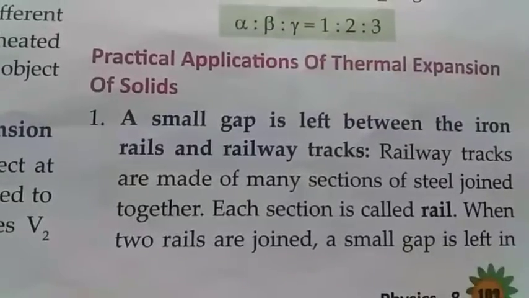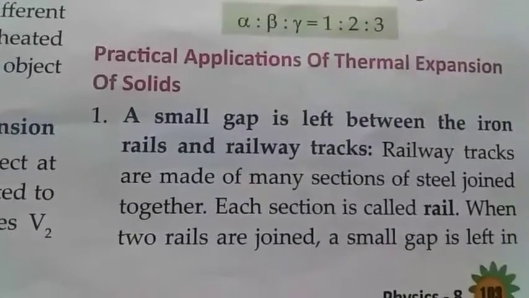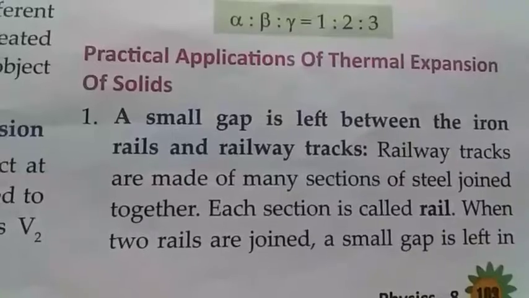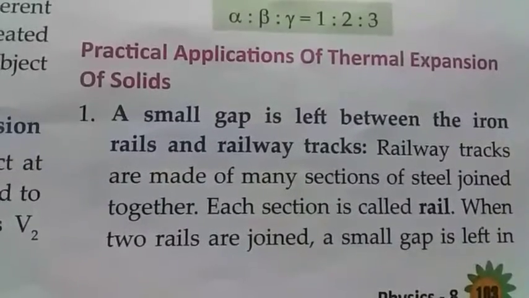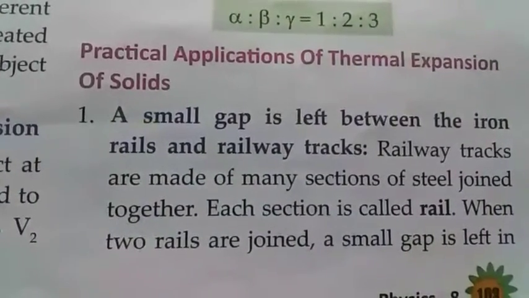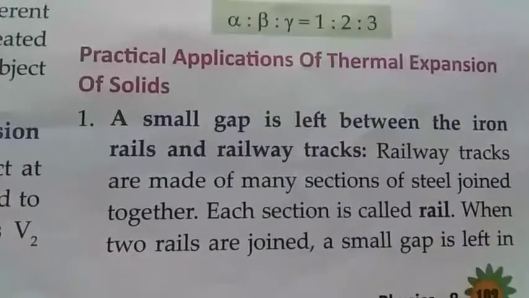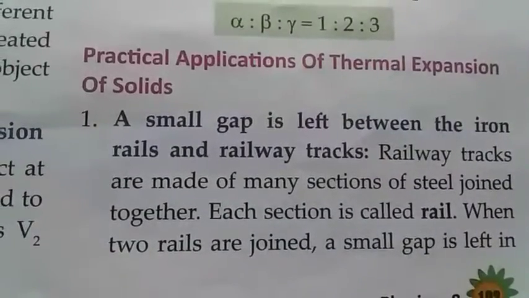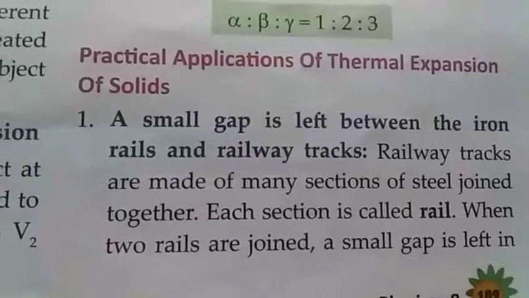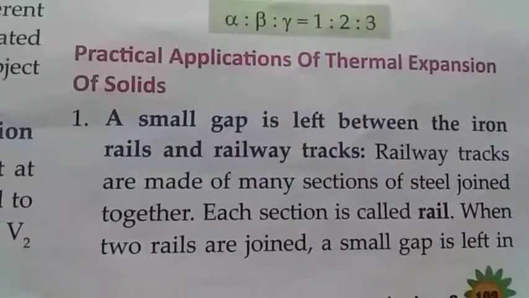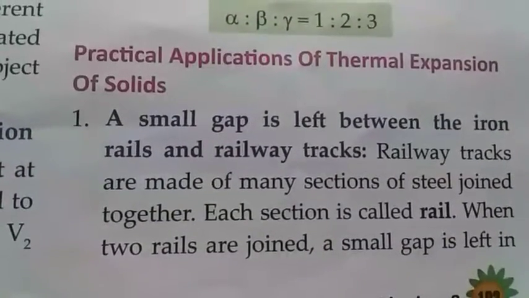Now the practical applications of thermal expansion of solids. Now we know that a small gap is left between the iron rails of railway tracks. What is the reason behind that? Why is a small gap left between the iron rails of railway tracks?